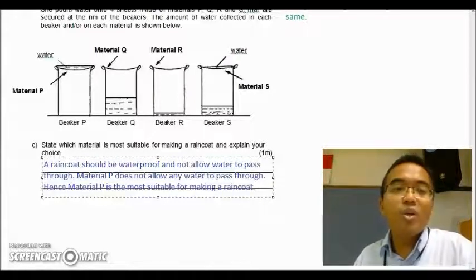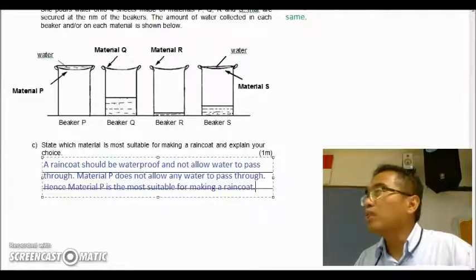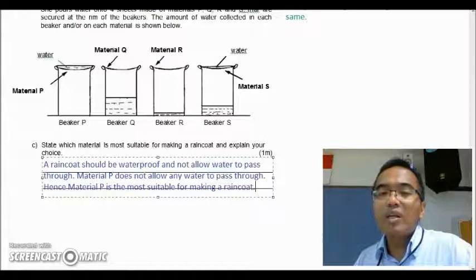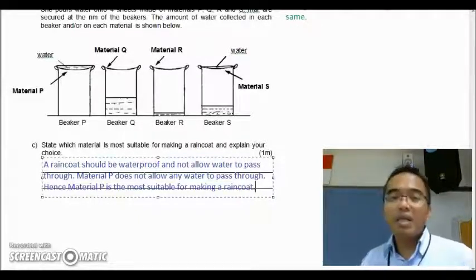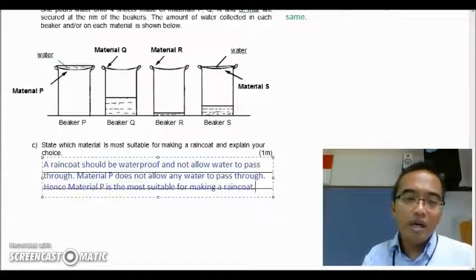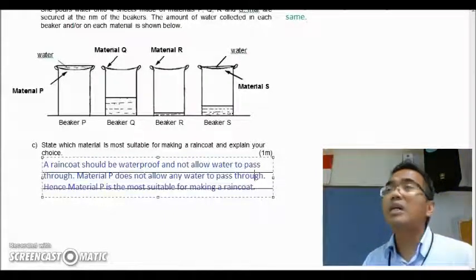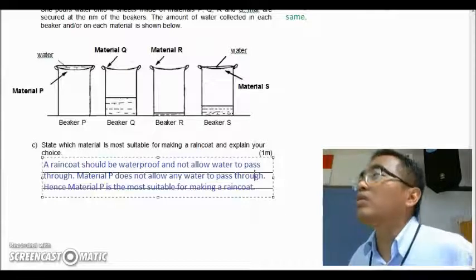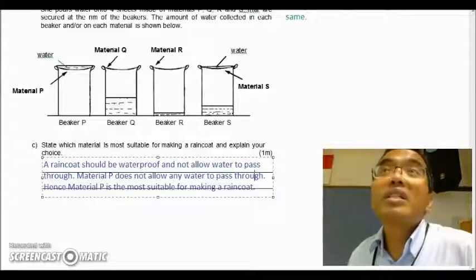For example, a raincoat should be waterproof and not allow water to pass through. Material P does not allow any water to pass through, hence material P is the most suitable for making a raincoat. Right? If you want to be clearer, you can say material P allows the least water to pass through. Also can.